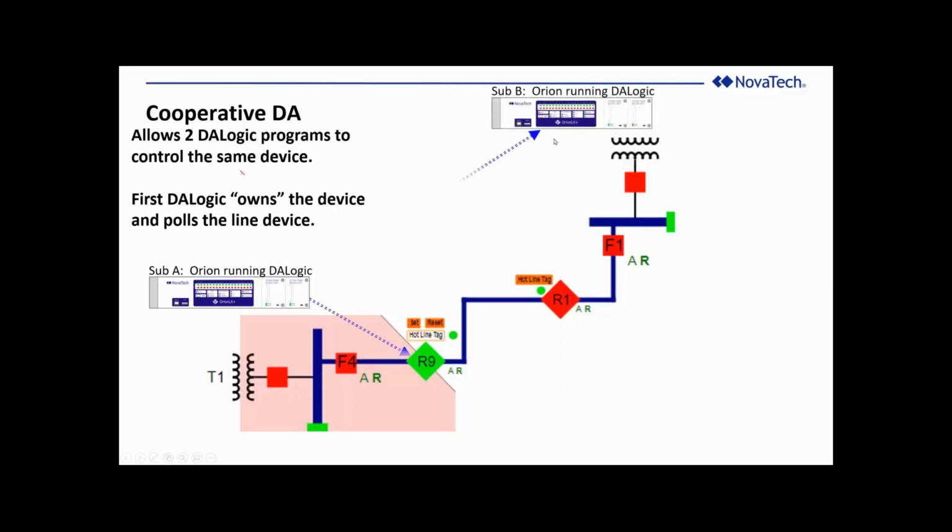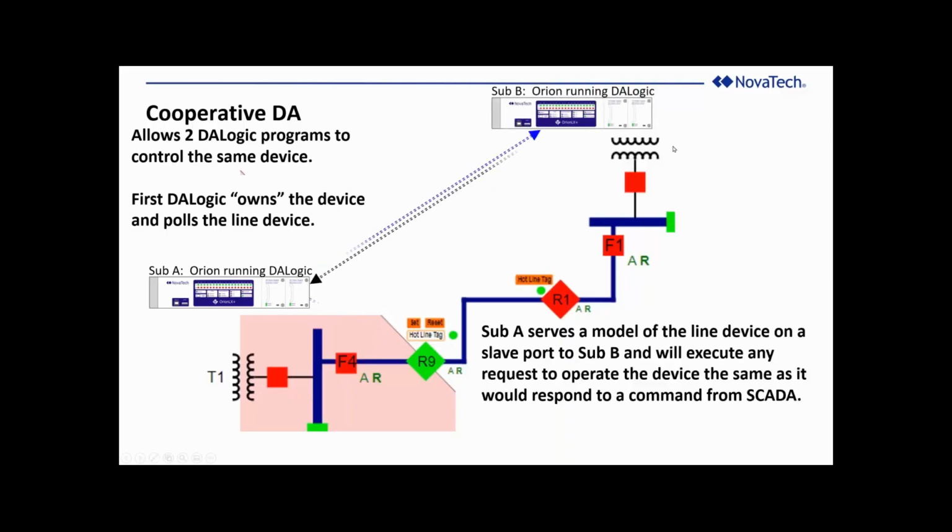At a later time, I put in some DA at substation B, and the feeder from substation A ended at recloser R9, and from substation B also ended at recloser 9 on the other side. So the original DA just used recloser R9 as being a normally open point with a blind bridging point, didn't know what was really going on the other side.